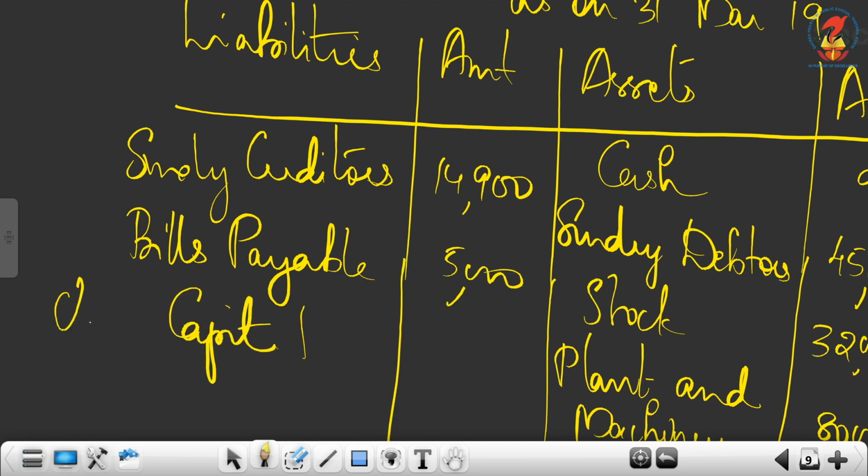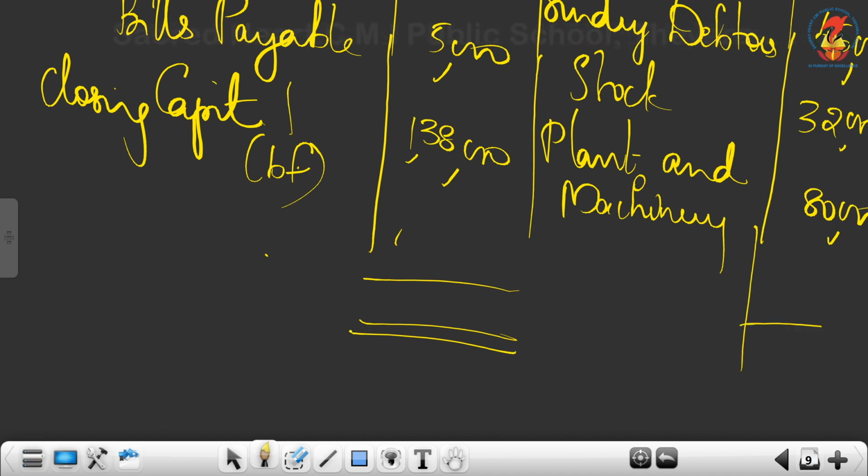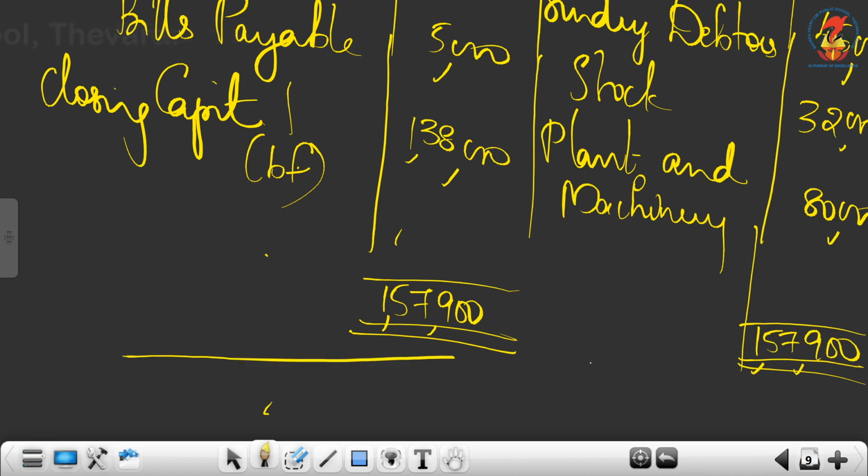So the closing capital we will get, that's a balancing figure, 1,38,000. Total is 1,57,900. So now we got the values of opening capital and closing capital.